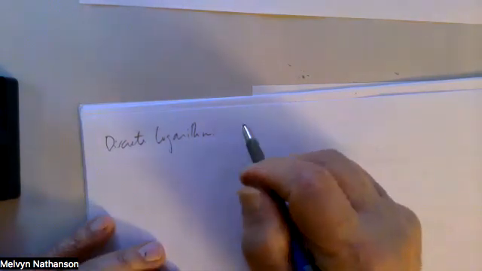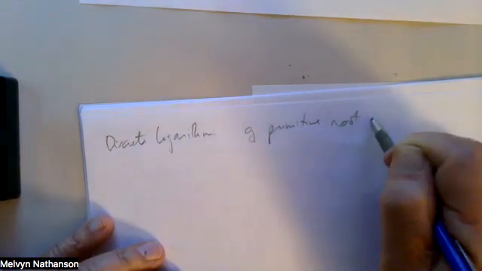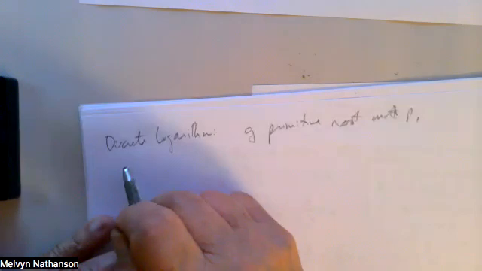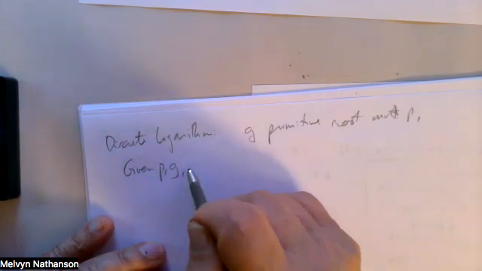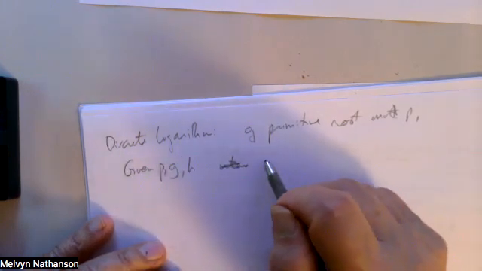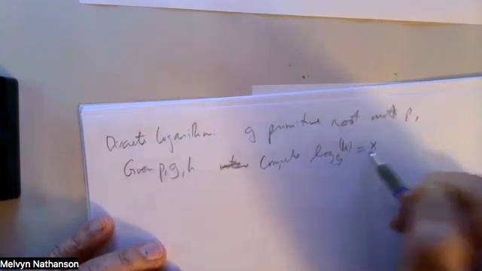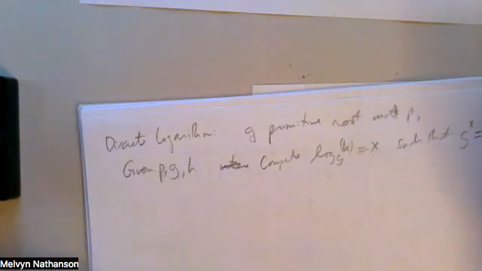We had G, a primitive root mod P, and we're given the prime P, G and H. The discrete logarithm problem is to compute the logarithm of H to the base G, that's some number X such that G to the X equals H, or G to the X is congruent to H mod P, if you prefer.